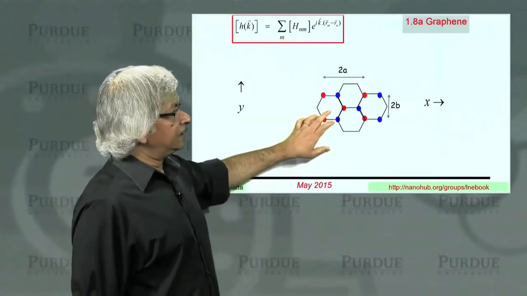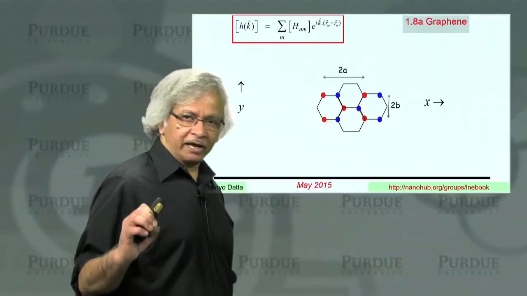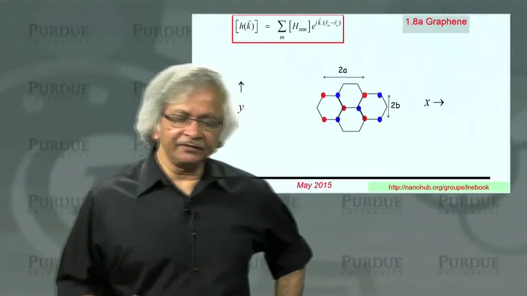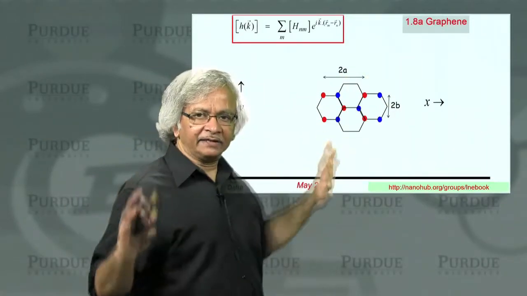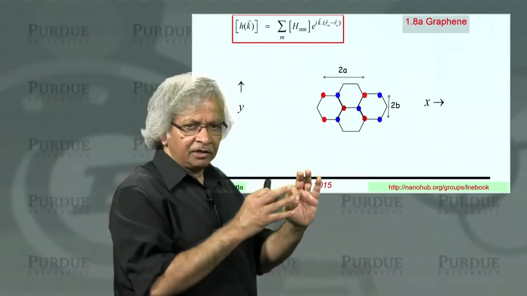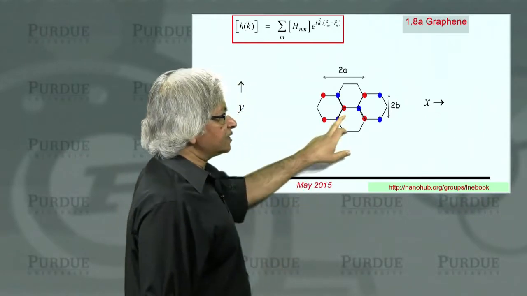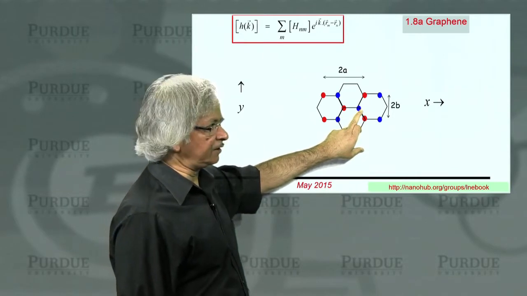But the thing is, the unit cell actually needs to contain 2 atoms. And the reason is, the definition of a unit cell is that if you consider a unit cell anywhere, they're all identical. That is, when you stand on one and you look around, you can't tell where you are on that lattice. Now, the point is that this atom is a little different from that atom in terms of its environment.